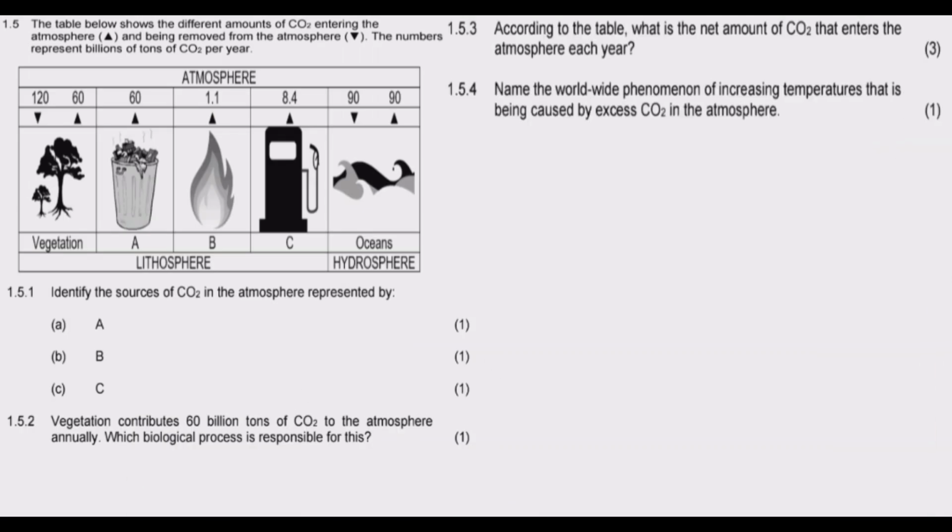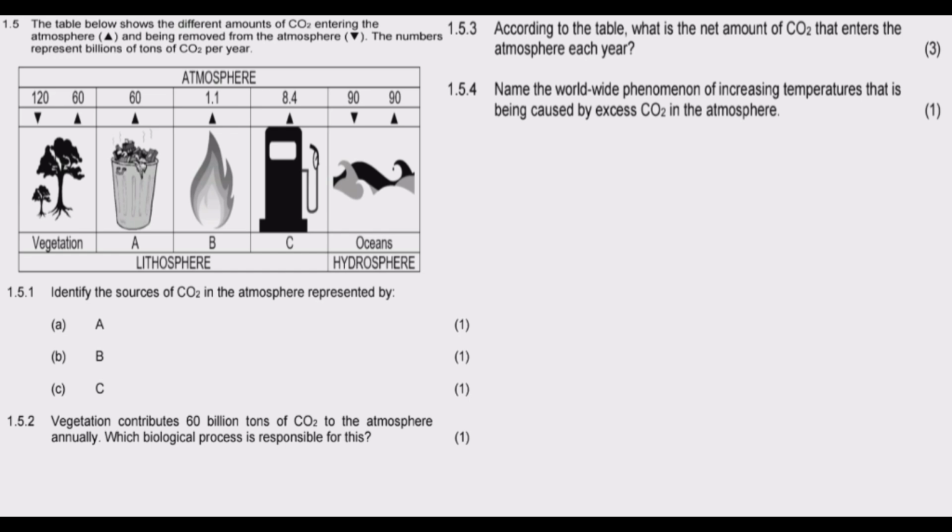Okay, so question 1.5 is: the table below shows the different amounts of carbon dioxide entering the atmosphere, as you can see, and being removed from the atmosphere. The numbers represent billions of tons of carbon dioxide per year.